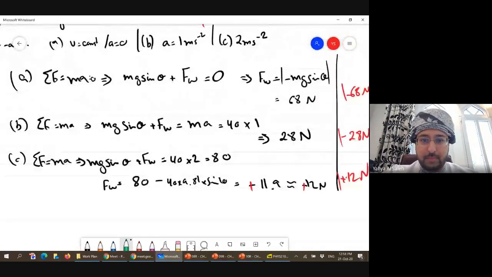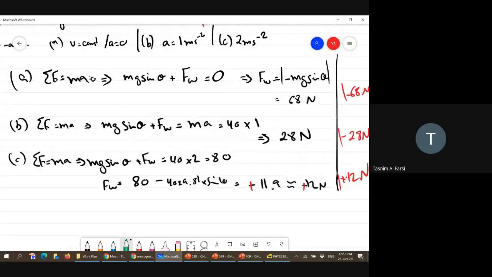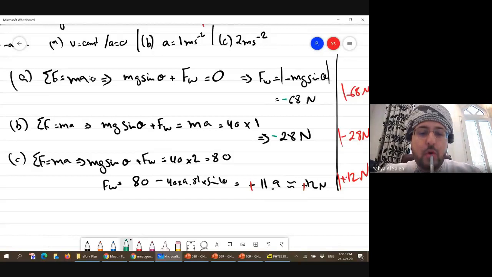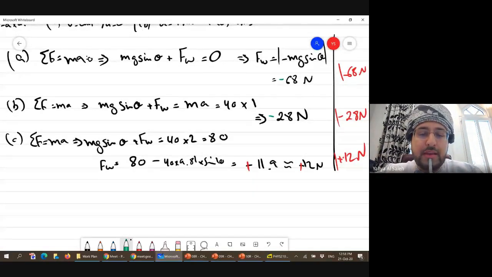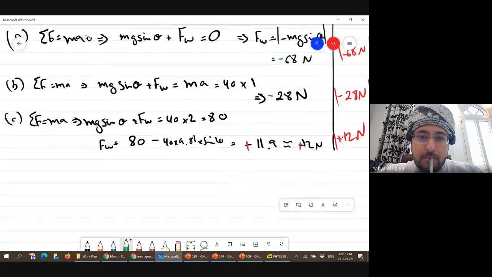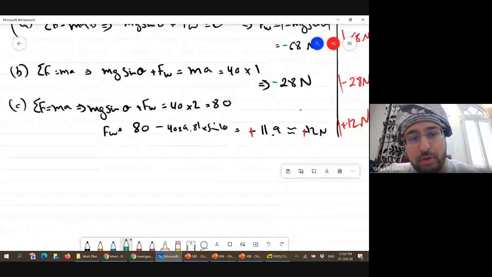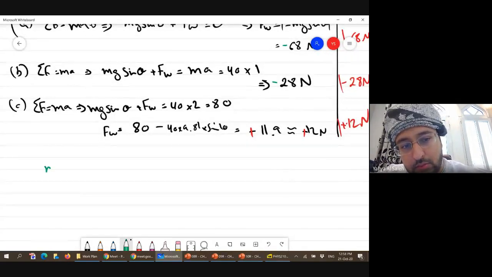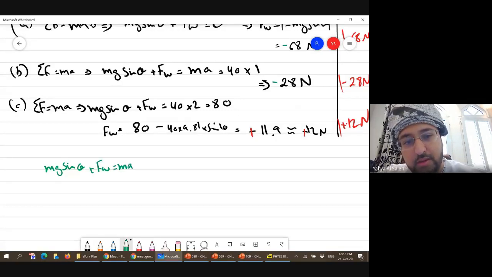Same if you write mg sine theta minus FW. No, I want to find what FW is. So FW is equal to MA minus mg sine theta. So we know that mg sine theta plus FW is equal to MA.